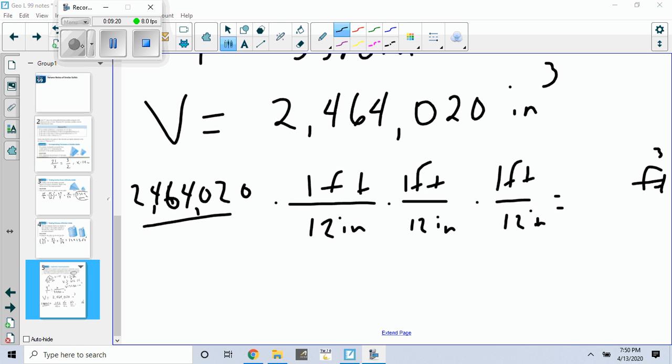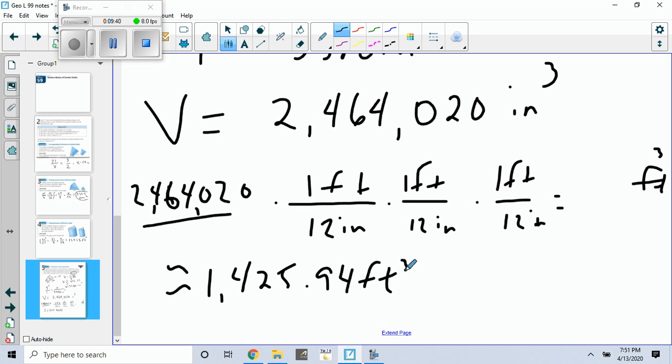When you do that, you would get approximately 1,425.94 feet cubed, and it said to the nearest cubic foot, so you would say approximately 1,426 feet cubed.